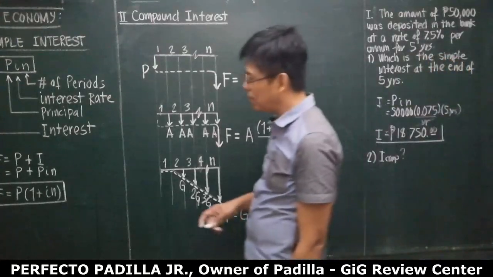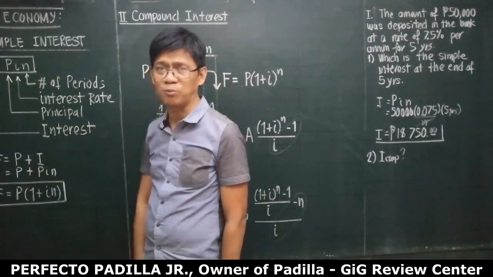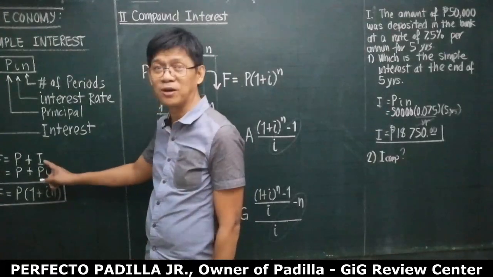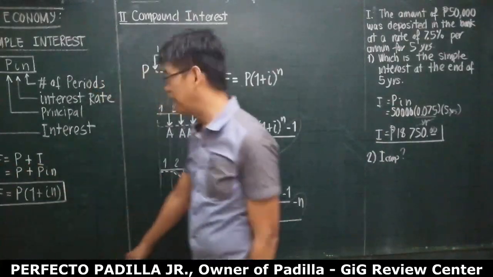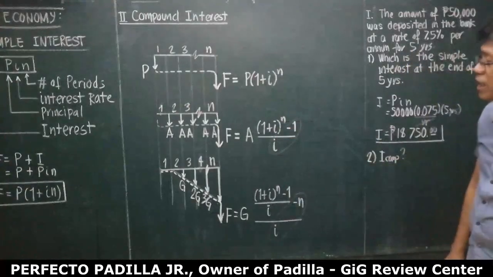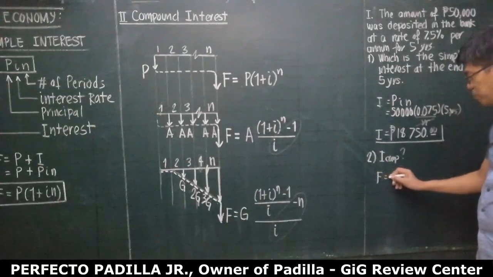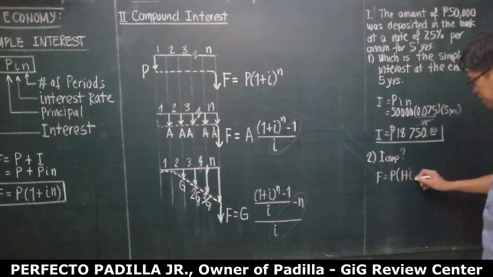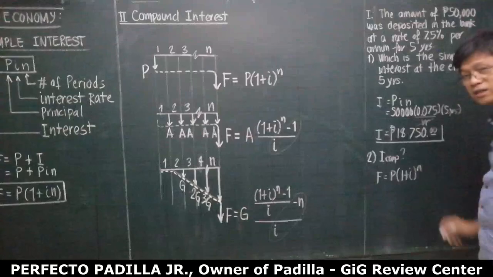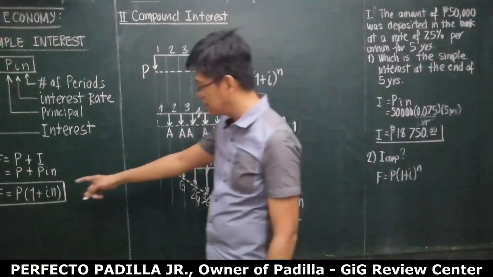Remember that future is P plus I. Kahit simple interest ito, pwede yan. General formula man ito. The interest is future minus principal, no? So, isosolve lang natin yung F. Yung F natin dito is equal to P times 1 plus I, instead of times N, raised to N, no? Okay? Dito, multiplier lang yung N.